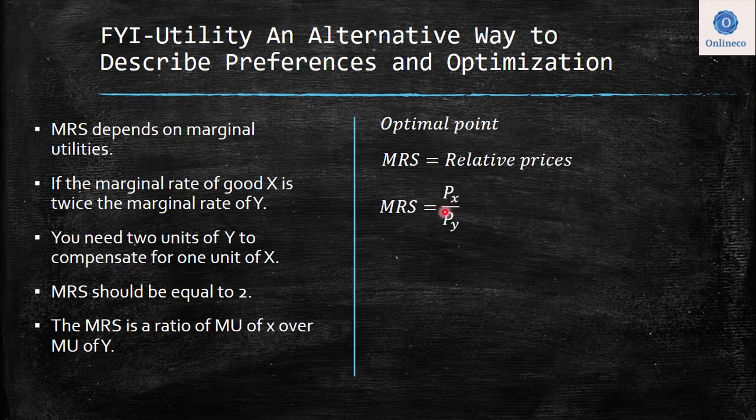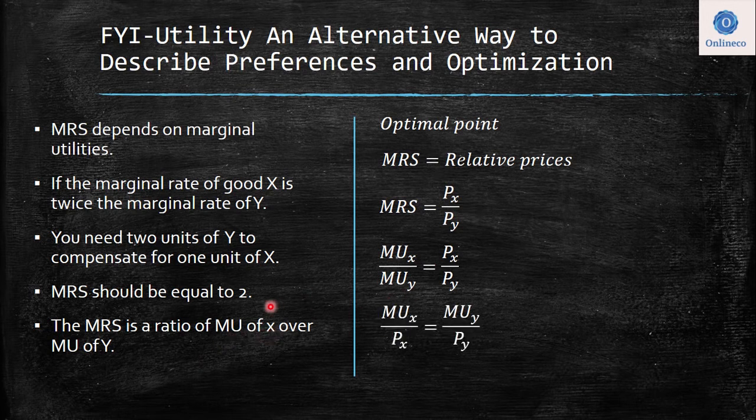This is the relative prices. As I said, the ratio of the prices, Px over Py. Then the marginal rate of substitution is marginal utility of X over marginal utility of Y. So you just can collect them. This is on the one side, go to the other side, dividing, and this one go to the other side in the numerator.